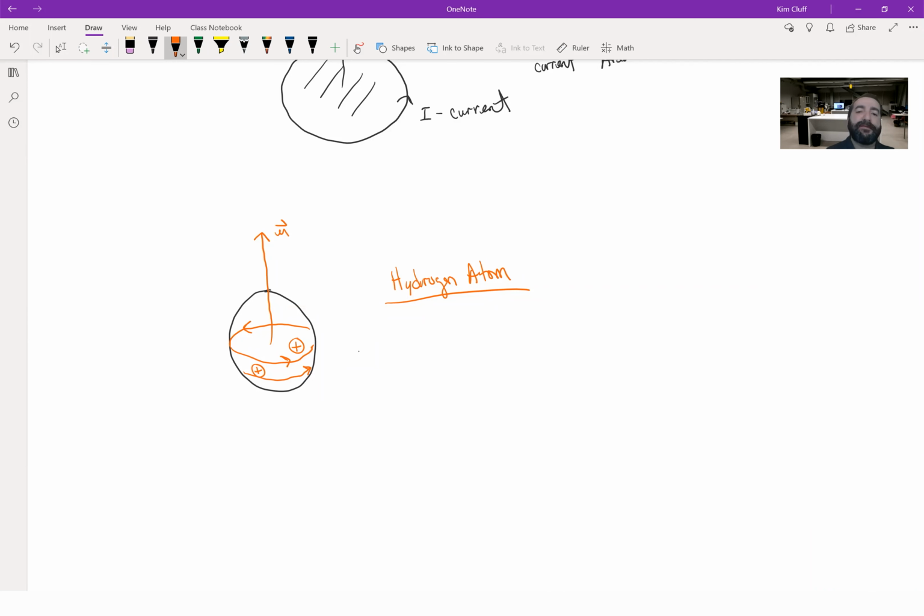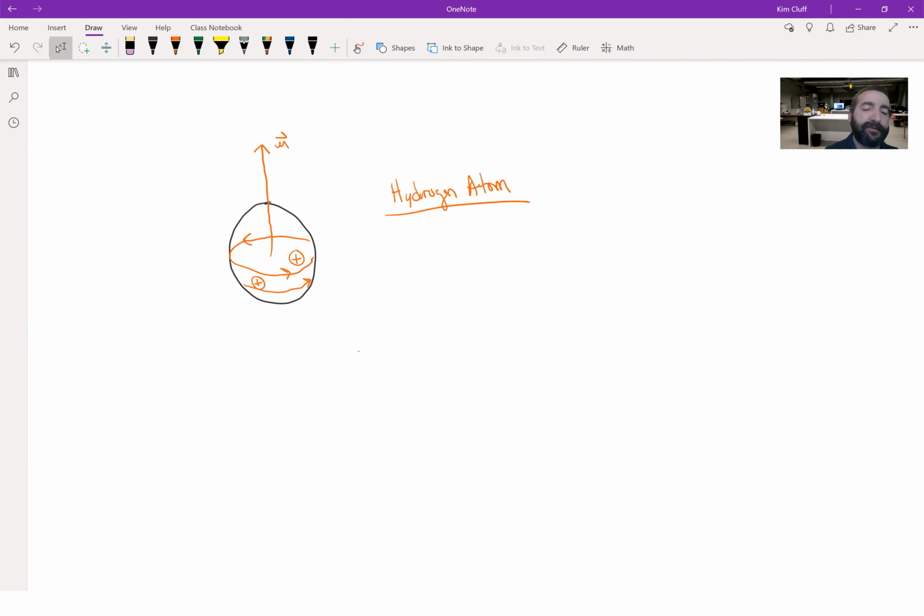If you recall from chemistry, you may have seen these large chain fatty acids that are made out of carbon, carbon, carbon, and attached to those carbons are what? Hydrogens. So there's hydrogen, hydrogen, hydrogen.